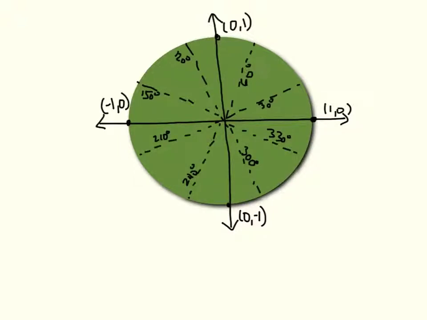Alright, we can do this in radians as well, because if we're counting by 30 degrees, we're counting by pi over 6. So this 30 degrees is pi over 6.